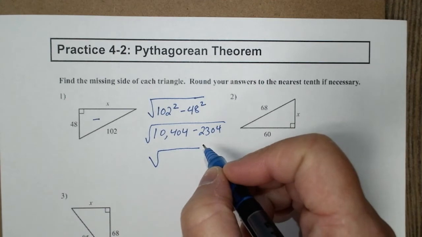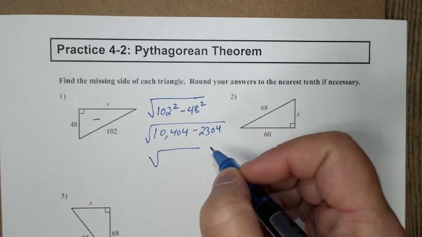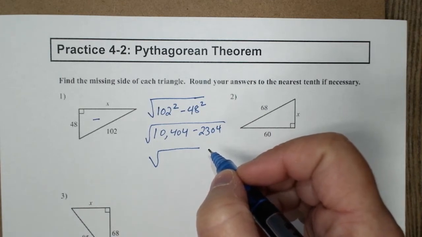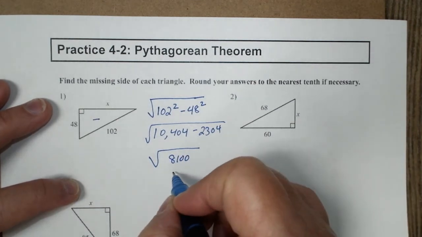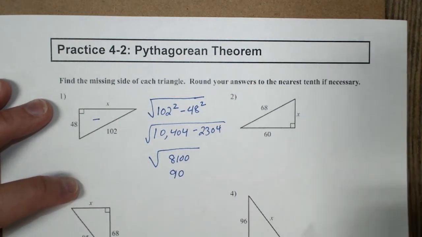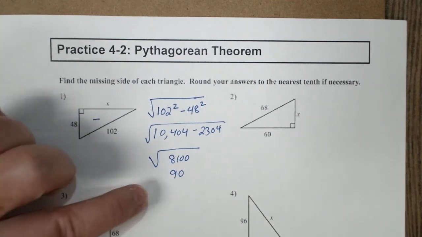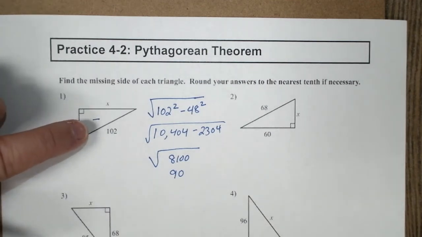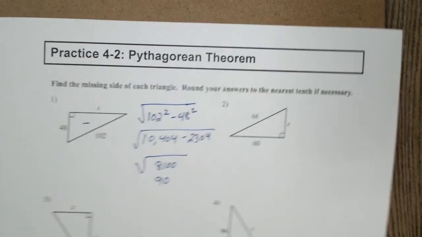This is still under the square root. And I get 8100. Taking the square root, that's 90. And I can double check because 90 is less than 102, and I know that it's a viable answer because 102 has to be the biggest.